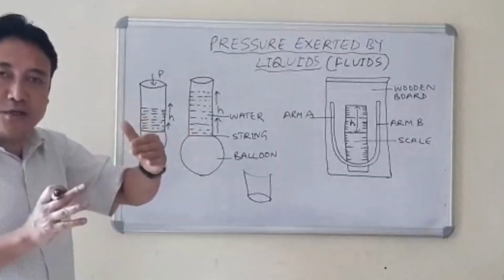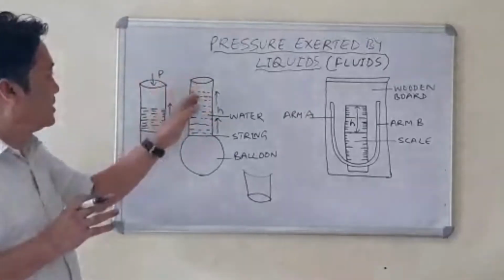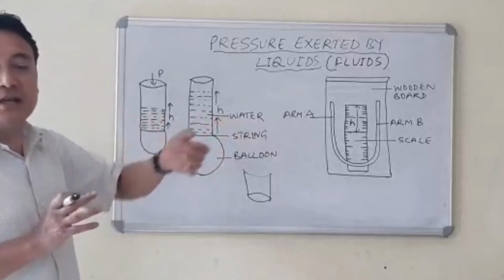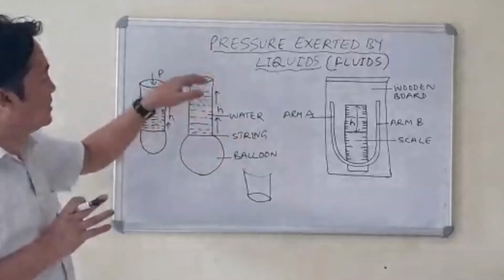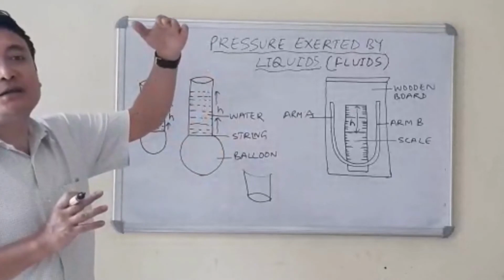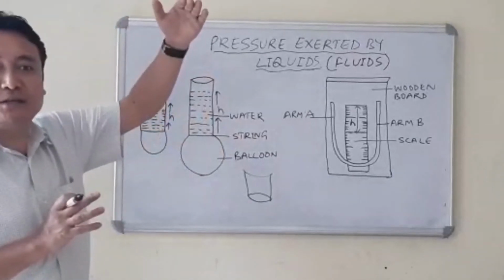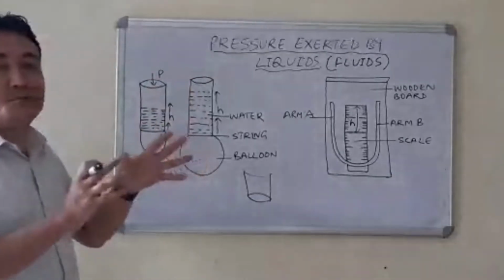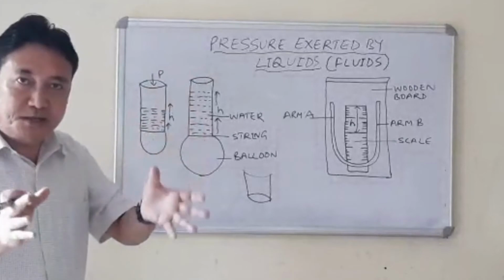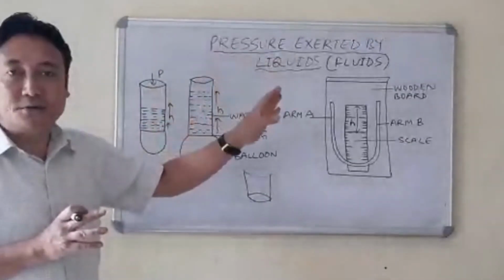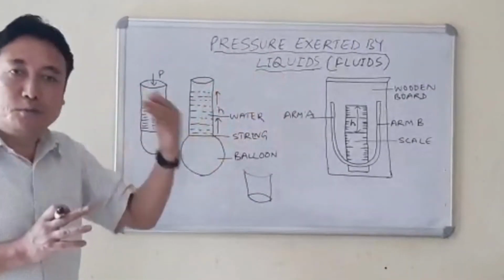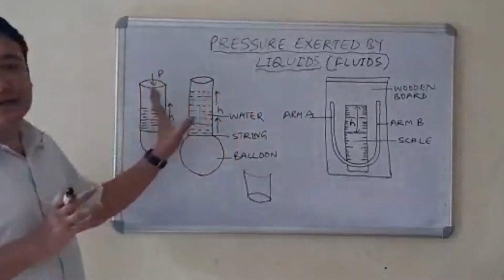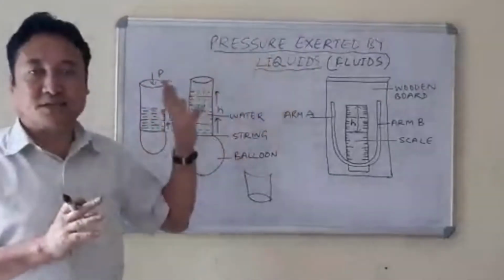So the more water you keep on pouring, the more the pressure increases, because the height of the water level increases. As the height of the water level increases, the pressure also increases, and as the pressure goes on increasing, the balloon goes on inflating. Which means that the pressure exerted by the liquid depends upon the height. So more the height of the liquid, more will be the pressure. This is the experiment showing the pressure exerted by the liquid.